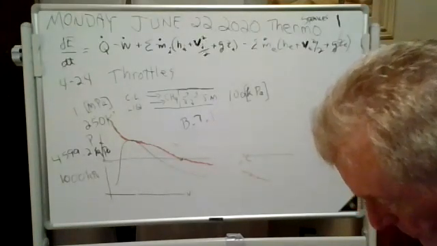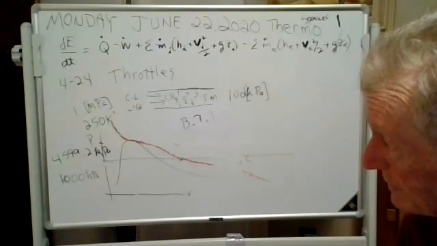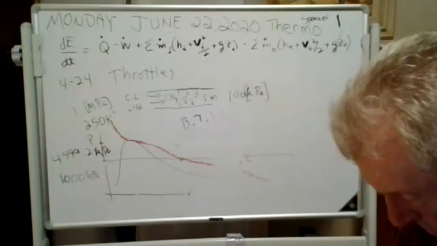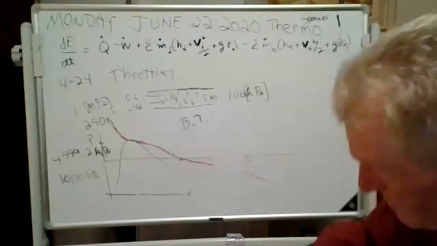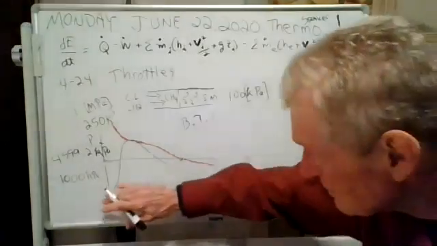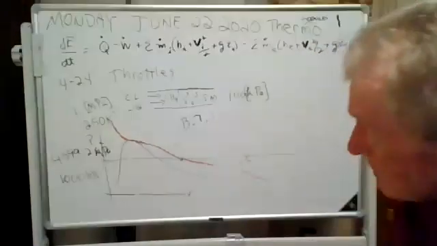It's throttled to 100 kilopascals. Well, where did I get this 1,000 kilopascals? This is not right. Initially, it's 1 megapascal.